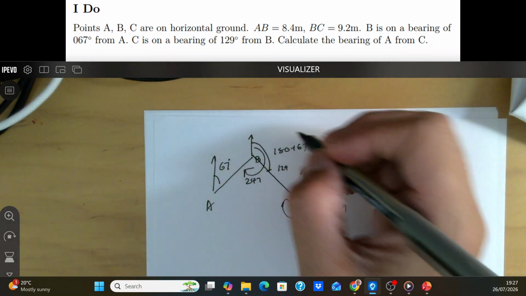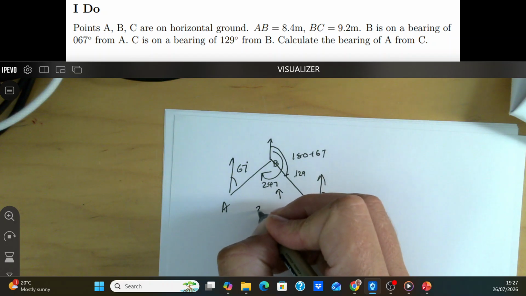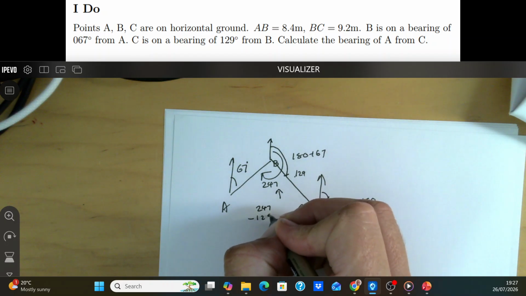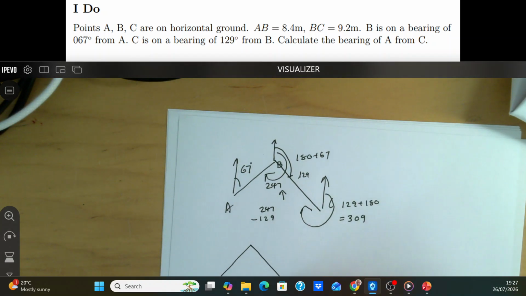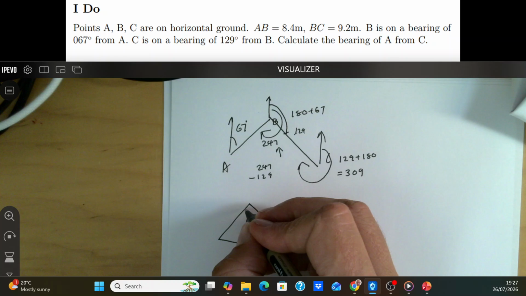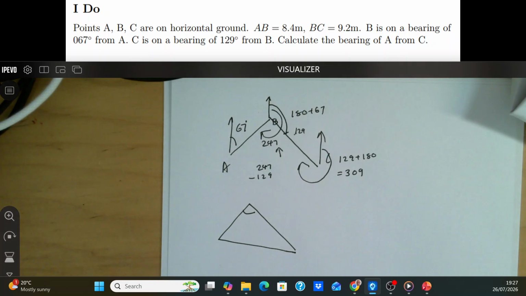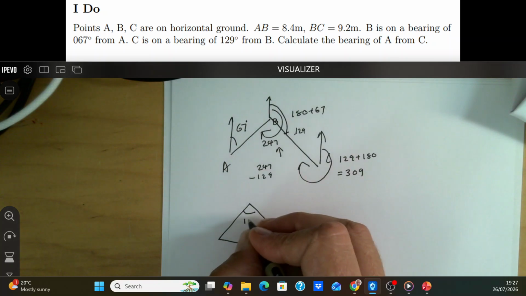I've written 129, so I know this angle in here is 247 take 129. So I'm just going to redraw my triangle now to make it slightly easier so I can see my triangle and use my triangle. That then is 118.